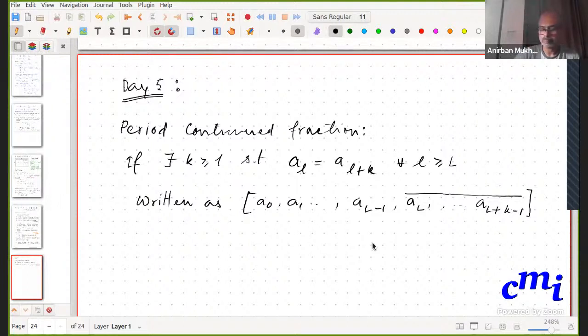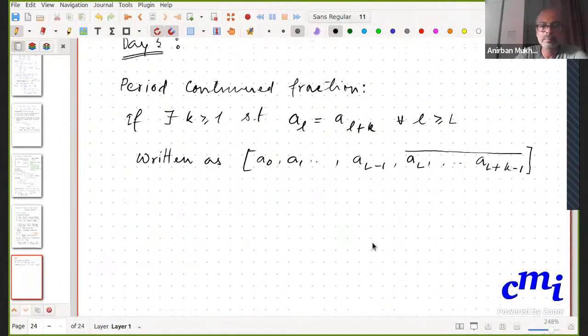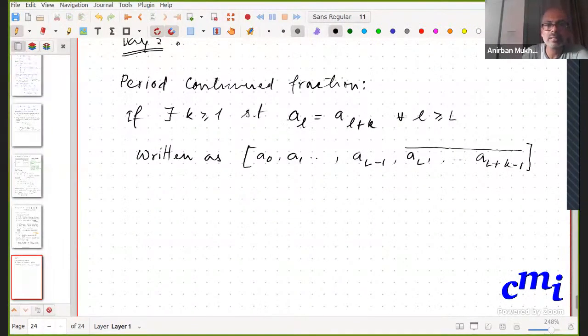So that's the form, and they are all periodic continued fractions. So let's start by proving one side of it. In fact, I won't prove the other side, just skip the proof.